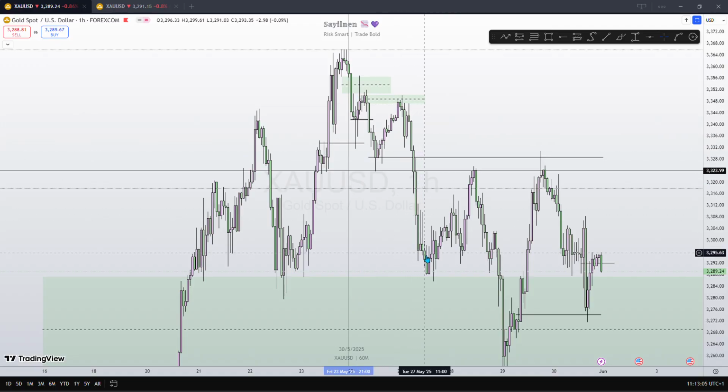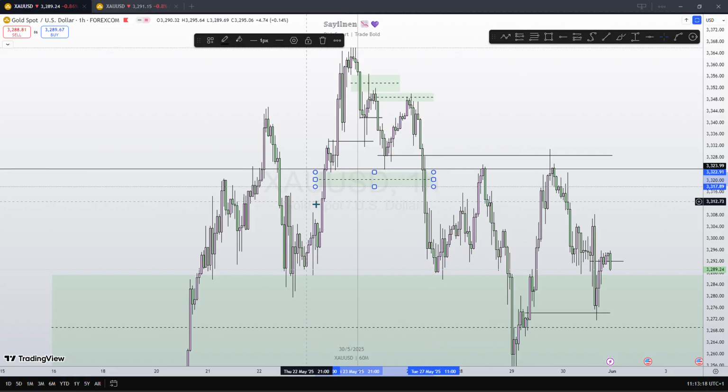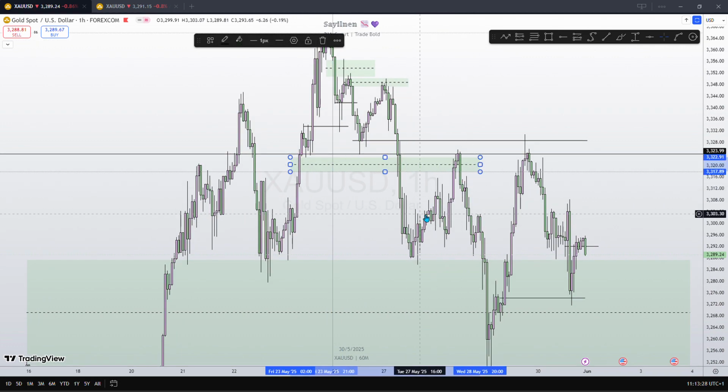This was Monday, down. Tuesday sold a lot, and then price still retracing back up to these levels. What do we have on this level? If we should mark this out, we could see that we had this FVG right here that price actually used. After it formed, price used it to push up to this upside, but then price came back to this level, failed to close above this guy again, and sold down Wednesday.